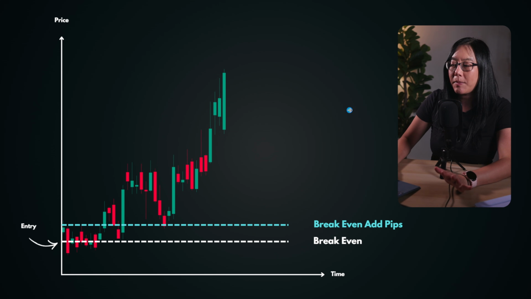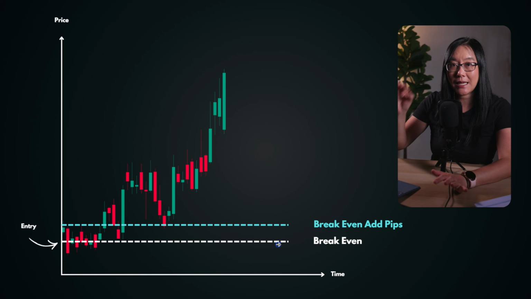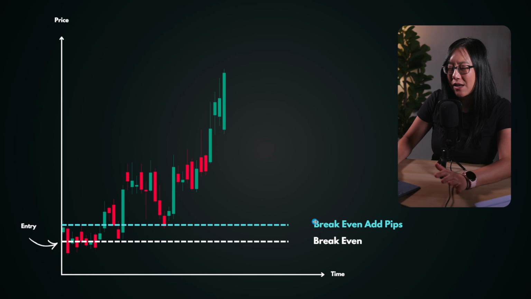Let's say you place a buy trade and you enter right at this lower line here. If you were to move to break even when price goes up, then your break-even point would be where you entered. So if the price was to retrace back down, then you would exit on $0 in profit. But you can do the more complex version of that, which is break-even add pips.